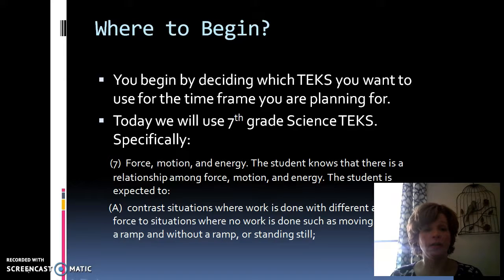The student knows that there is a relationship among force, motion, and energy, and the student is expected to, and we're just looking at A, contrast situations where work is done with different amounts of force to situations where no work is done, such as moving a box with a ring and without a ring, or standing still.